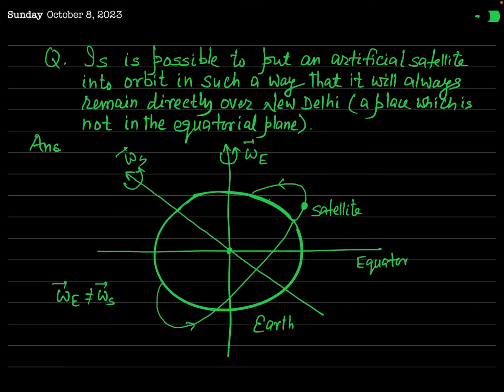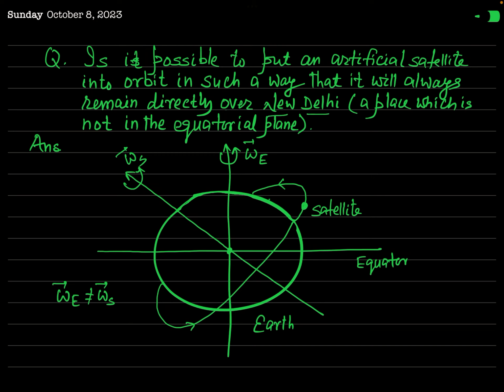mentioned an important question. What we have learnt earlier will be clarified by this example. The question says, is it possible to put an artificial satellite into orbit in such a way that it will always remain directly over New Delhi?